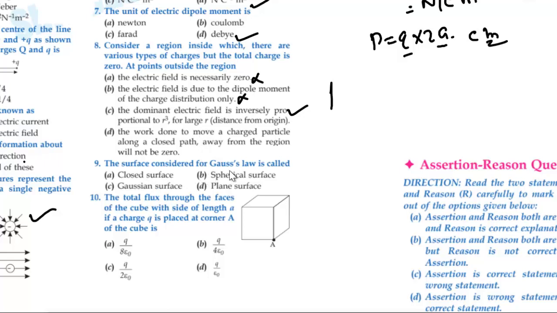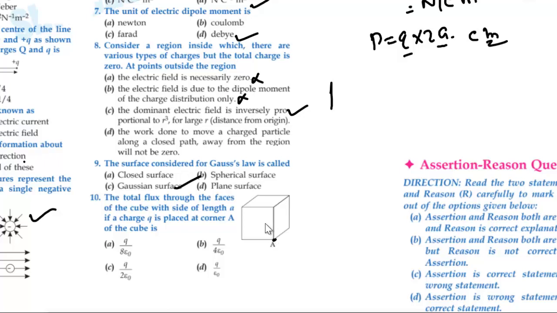The surface considered for Gauss law is called Gaussian surface. The total flux through the faces of the cube with side of length A if charge Q is placed at the corner A of the cube. So here it is given at one of the corners only. You should think in a three-dimensional way: how many cubes can we keep near this A?